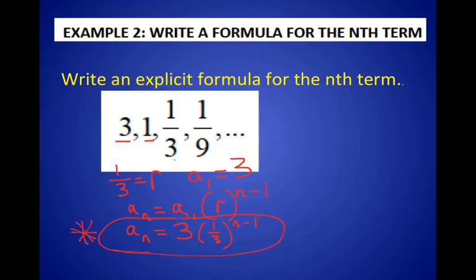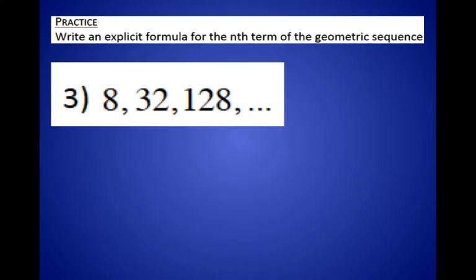Alright, next one. A similar deal. So let's figure out what the common ratio is first. So it looks like we're just going to take the 32 divided by 8. So 32 divided by 8 is 4. That's the common ratio.